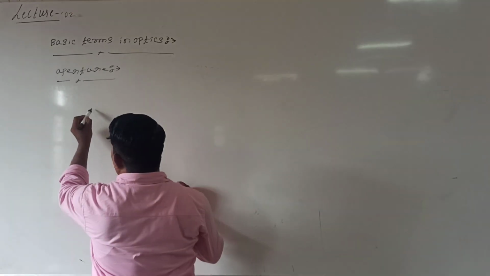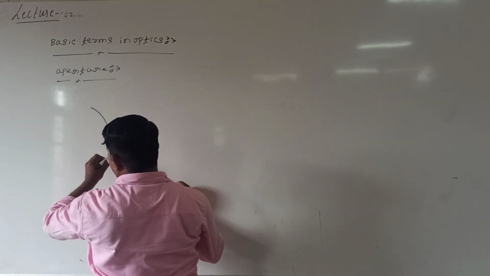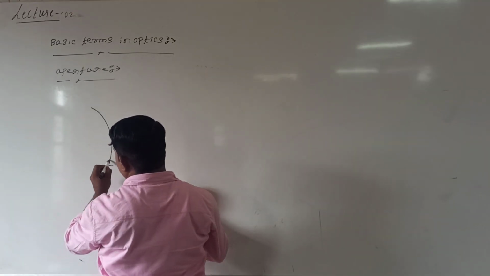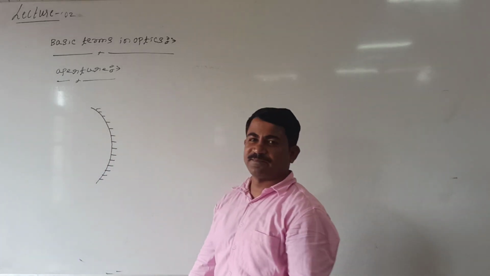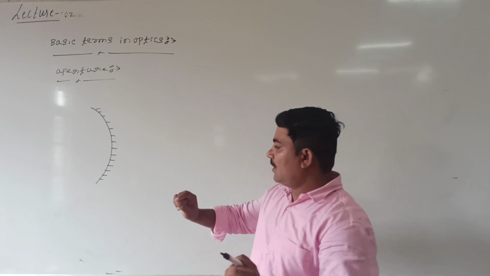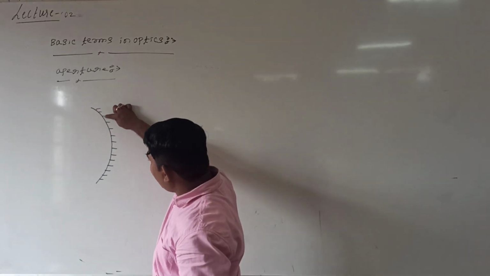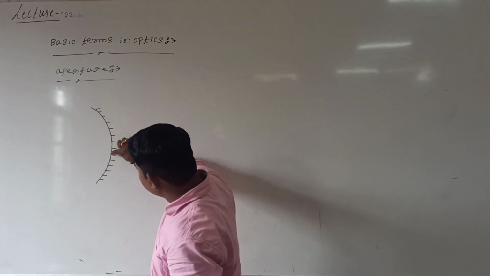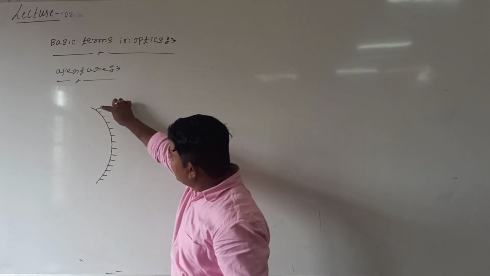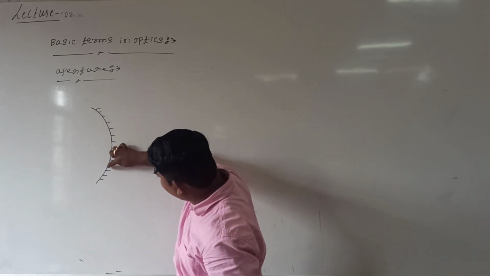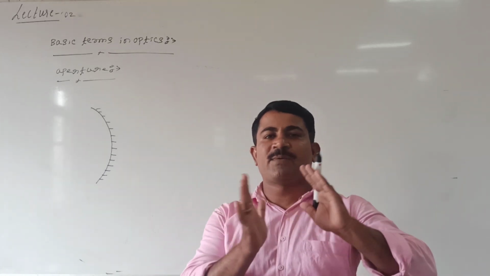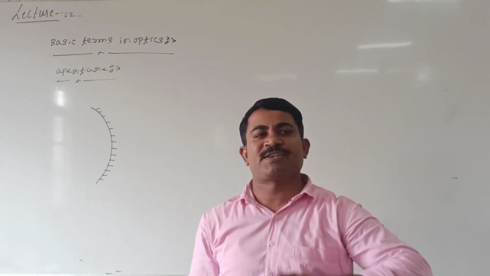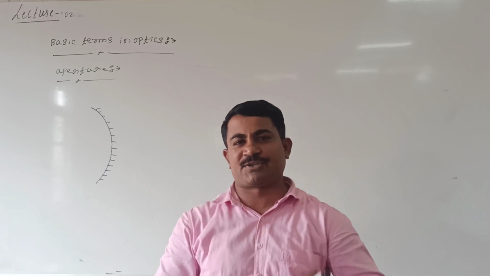See here, I would like to take this concave mirror. This part is silvered. Aperture means the area available for reflection of light. This is the area available for reflection of the light. This area we are calling aperture. Simply, whatever area is available for reflection of the light, that we are calling aperture.